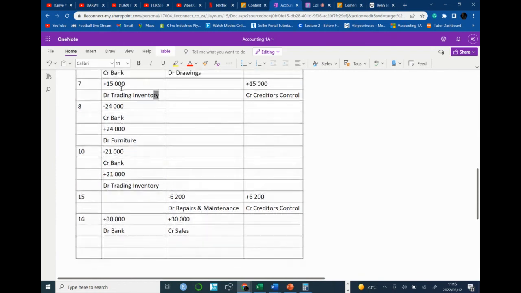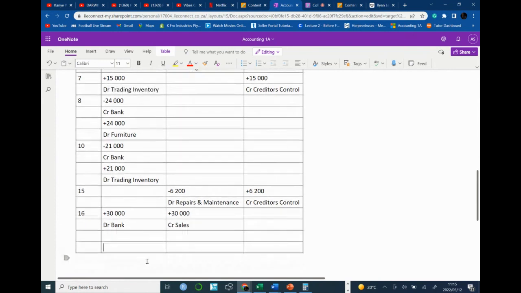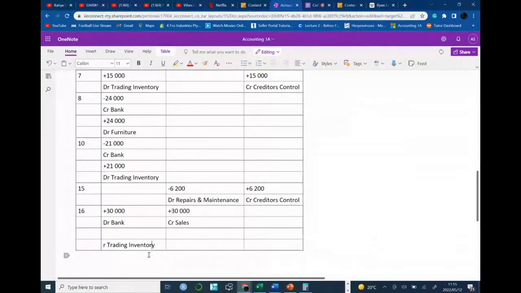So quickly copy this here, and we're going to credit it because it's going down, and here we're going to debit cost of sales.